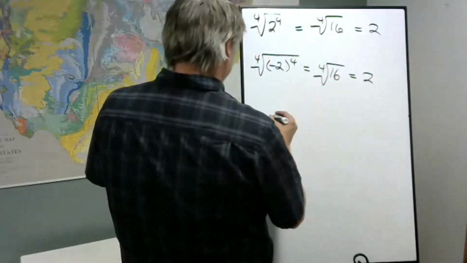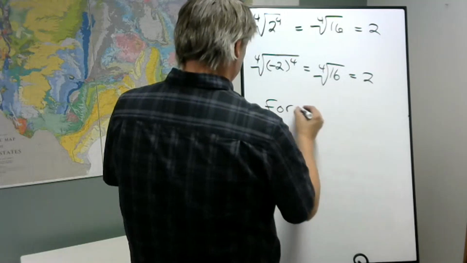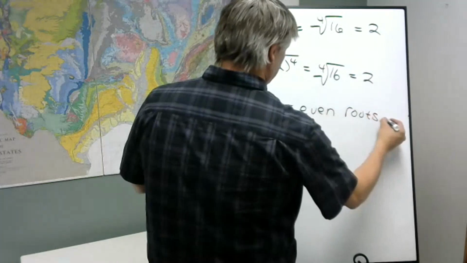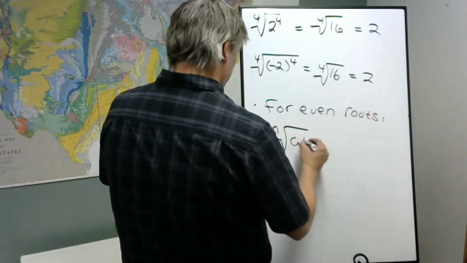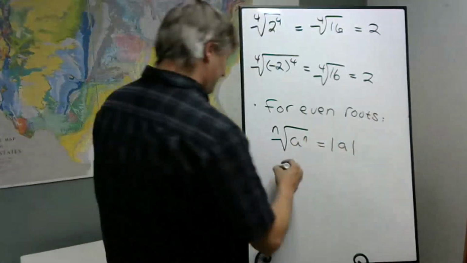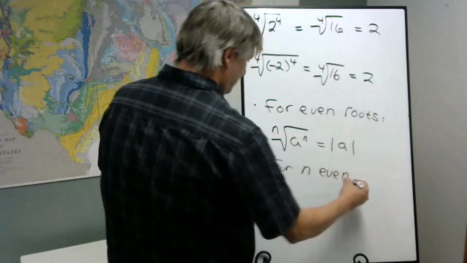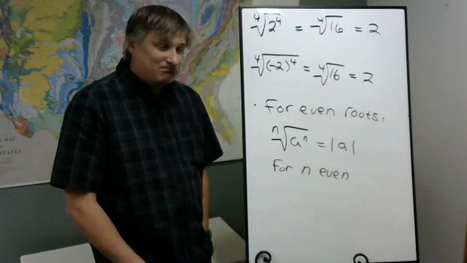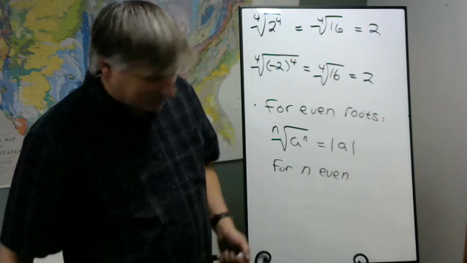So what we're going to get, this becomes the absolute value of A. So let's do some examples. Get some practice on this so it makes more sense.